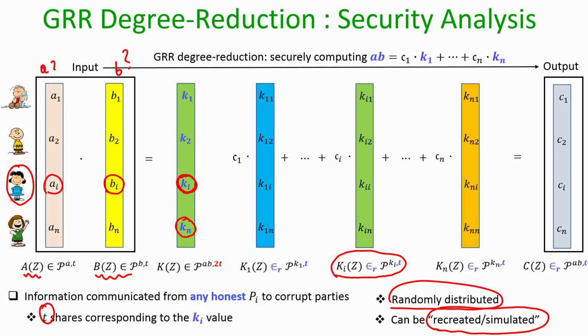Only then we can say that the interaction from the honest parties for the corrupt guys is of no use, right. So, what we are arguing here is that even in the GRR degree reduction method, whatever were the shares of A and B that are under the control of the adversary, they will be known, but whatever information regarding the ki values that the adversary is receiving as part of sharing of those ki values by the ith party, those values are randomly distributed, and hence they can be easily simulated, they can be easily recreated even without actually talking with the ith party.